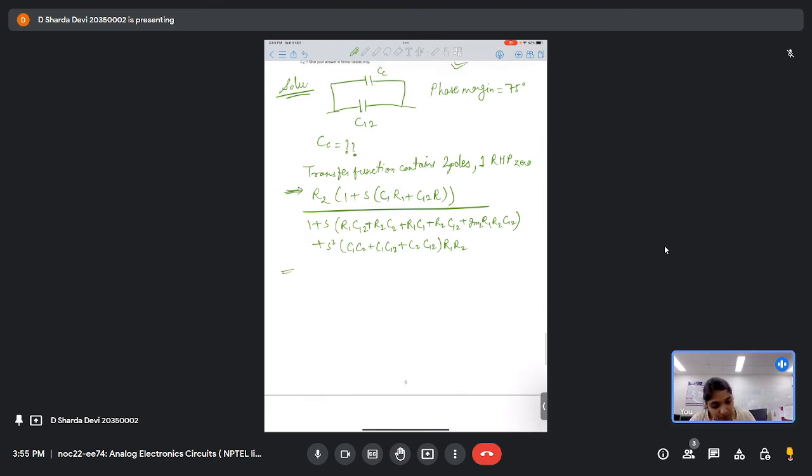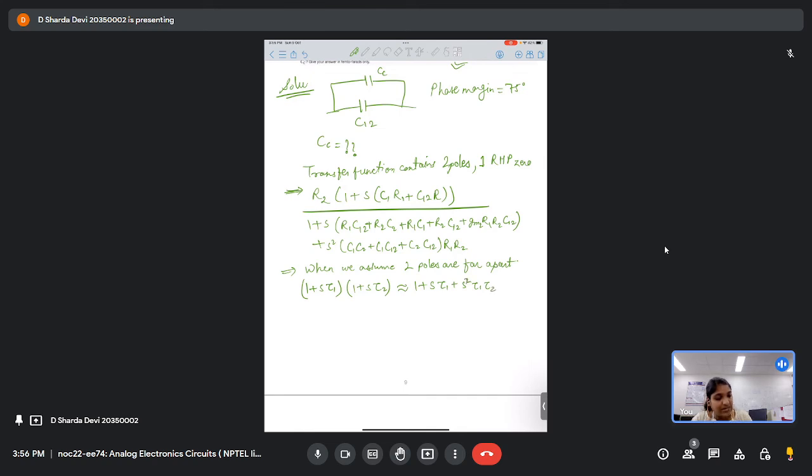Now when we assume the two poles are far apart, then (1 plus s tau 1)(1 plus s tau 2) is almost equal to 1 plus s tau 1 plus s square tau 1 tau 2.